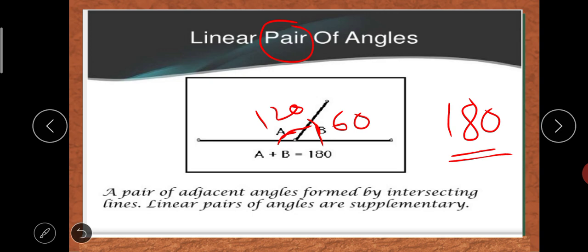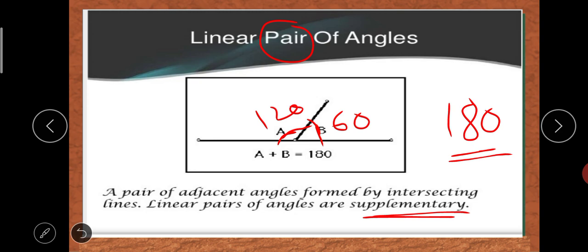Then we get a linear pair of angles, meaning 120 plus 60 equals 180. Such angles are known as a linear pair of angles. So the definition: a pair of adjacent angles formed by intersecting lines. Linear pair of angles are supplementary. When we use the word supplementary, it means 180. Understood?